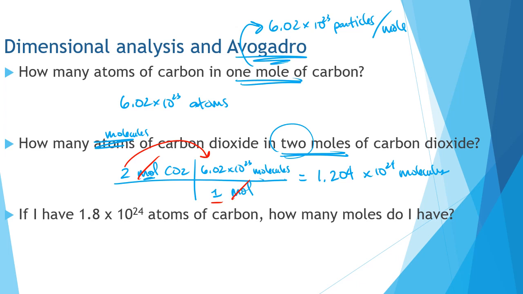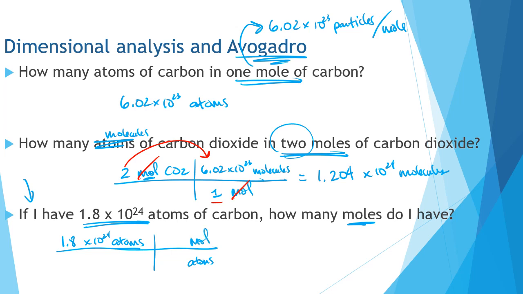Let's do another one. If I have 1.8 times 10 to the 24th atoms of carbon, how many moles do I have? So now let's start with that number, 1.8 times 10 to the 24th atoms, because this is our given. And my question is asking me to convert those atoms to moles. I have atoms on top, so I'm going to put atoms on the bottom because I want them to go away. Convert those atoms to moles, put moles on the top.